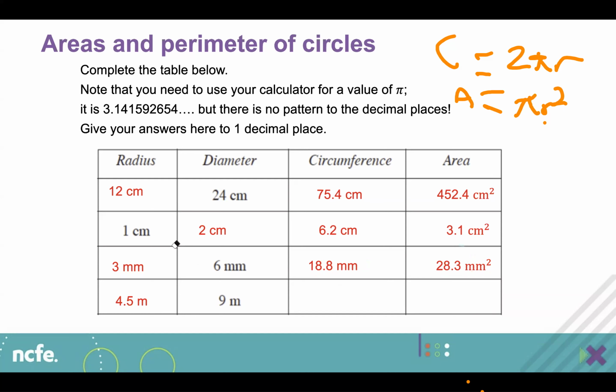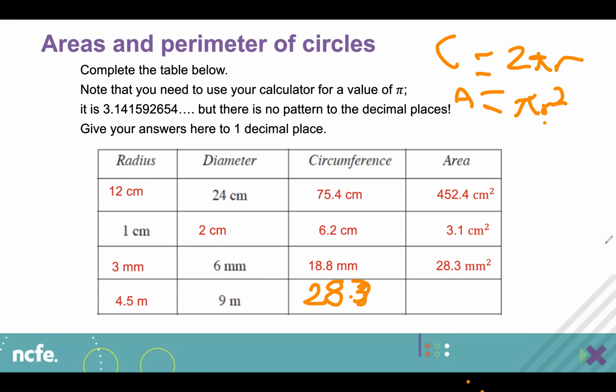So the last one, again, half of 9 is 4.5, so the circumference would be 2 times 4.5, which is 9. So it'd be 9 pi again, which is 28.3, as we know from the answer before.